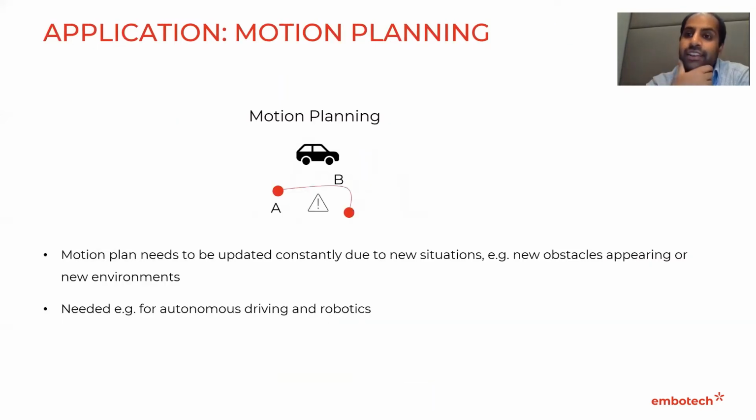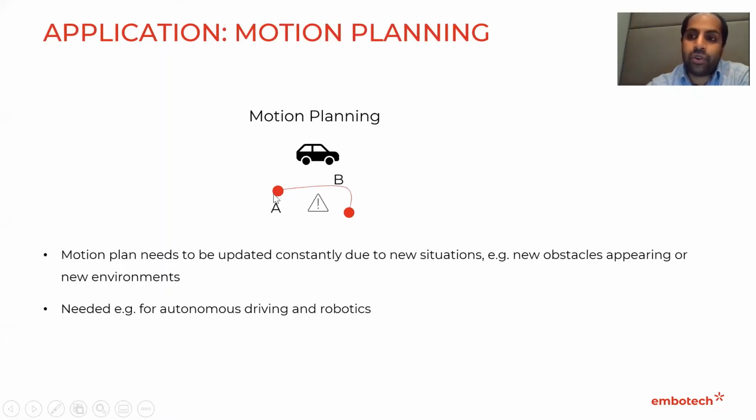So let's look at the two main applications, I would say, of model predictive control. The first one is motion planning. Let's say, for example, autonomous driving, where you have a car that you want to drive autonomously, or a robot that should be operated autonomously.